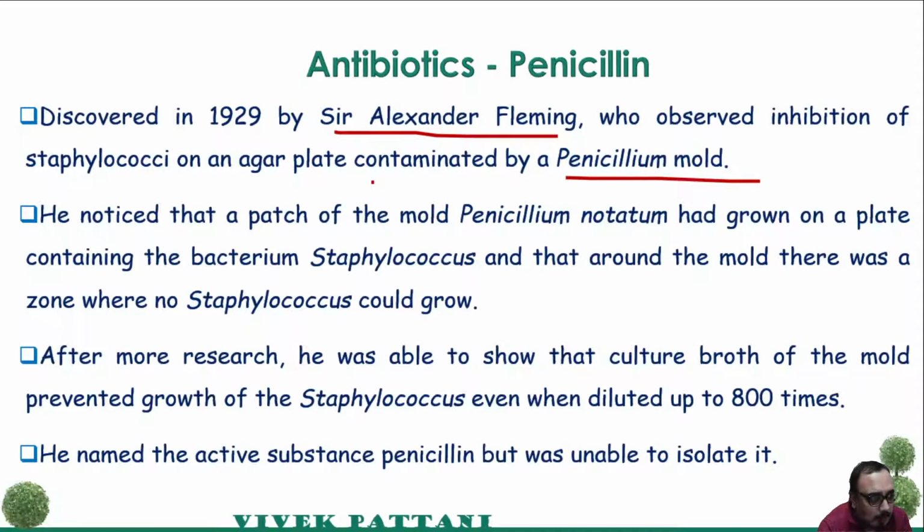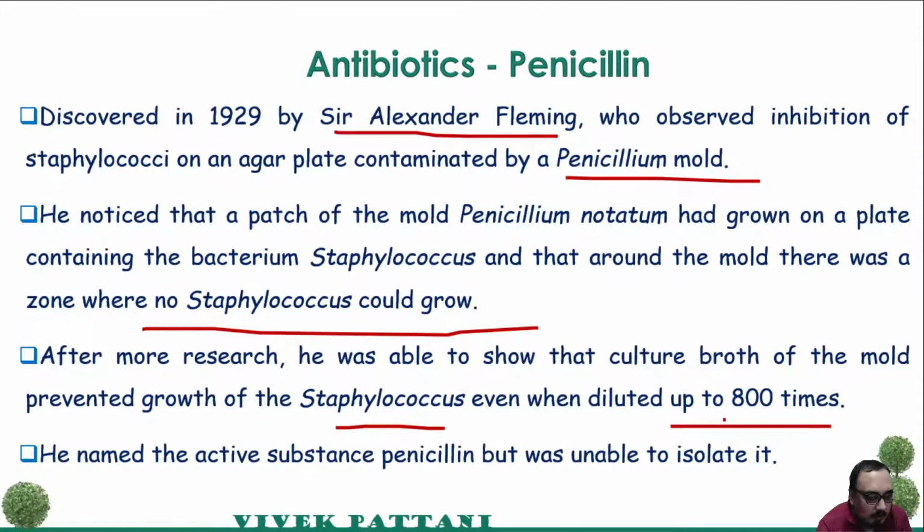He noticed that a patch of the mold Penicillium notatum had grown on a plate containing the bacterium Staphylococcus, and that around the mold there was a zone where no staphylococcus could grow. After more research, he was able to show that the culture growth of the mold prevented the growth of the staphylococcus even when diluted 800 times. He named the active substance penicillin, but still he was not able to isolate it.